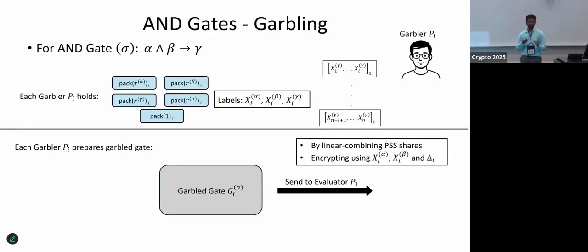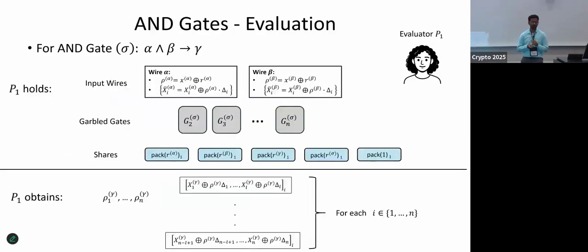Now, the garbling of AND gates is more or less the same. It's slightly different, but instead of using Bido secret share, we make use of packed secret sharing, which allows us to have garbled gates of size order kappa. And coming to the evaluation of AND gates, the evaluator uses the masked labels to decrypt the appropriate entries pointed out by the rows corresponding to this masked value.